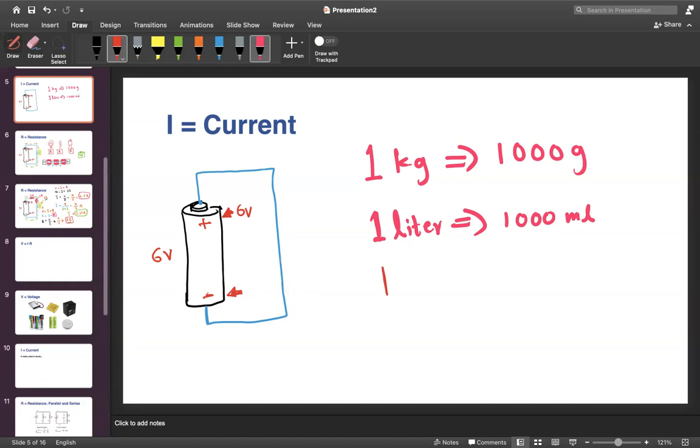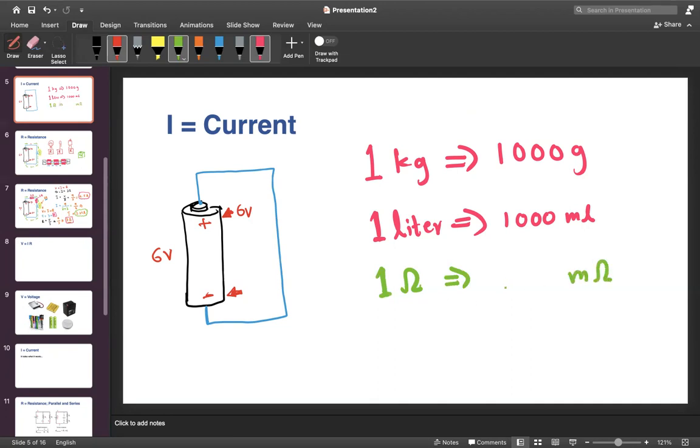1 ohm is equal to what? This is milliohm.